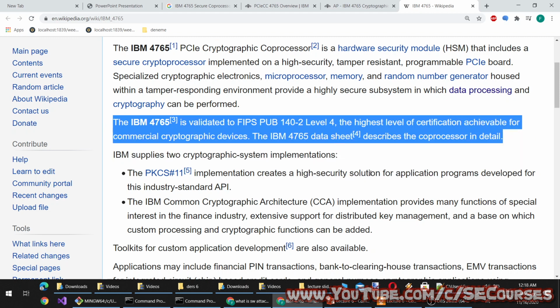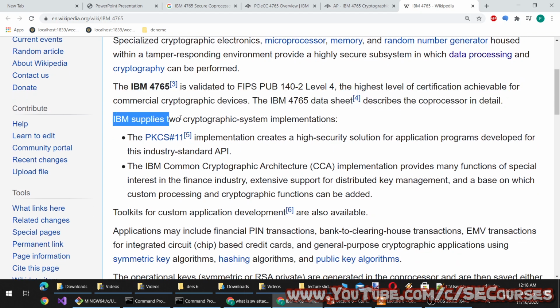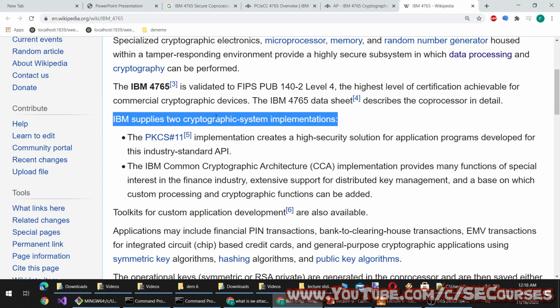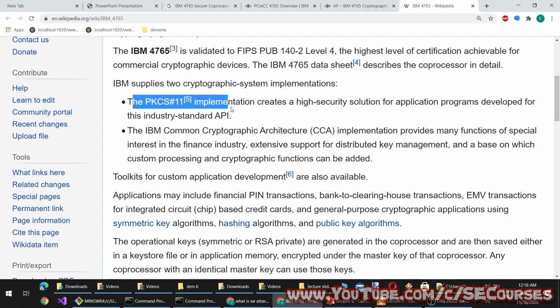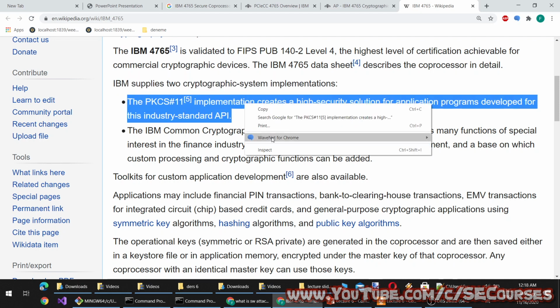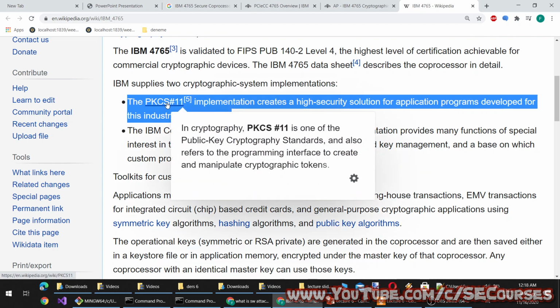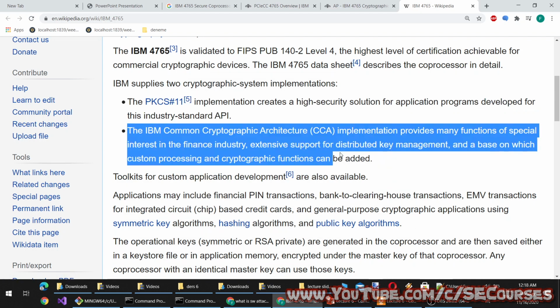The IBM 4765-3 is validated to FIPS Pub 140-2 Level 4, the highest level of certification achievable for commercial cryptographic devices. The IBM 4765 Data Sheet describes the coprocessor in detail. IBM supplies two cryptographic system implementations. The PKCS #11.5 implementation creates a high-security solution for application programs developed for this industry standard API.